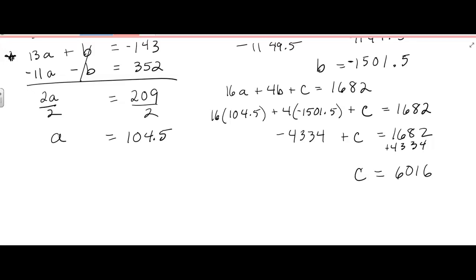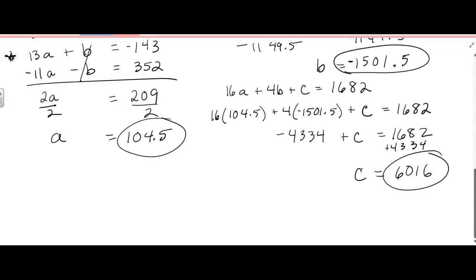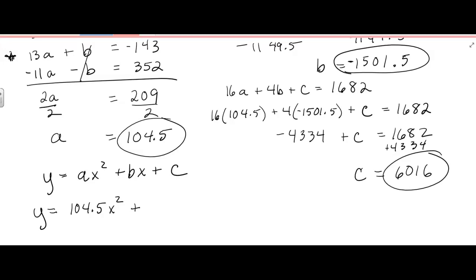Okay, so those were some kind of crazy numbers, but we did find A, we found B, and we found C. So that equation that we had, the function y equals ax squared plus bx plus c, the actual function was y equals 104.5 x squared plus, wait a minute, I want that to be minus 1,501.5x plus 6,016.